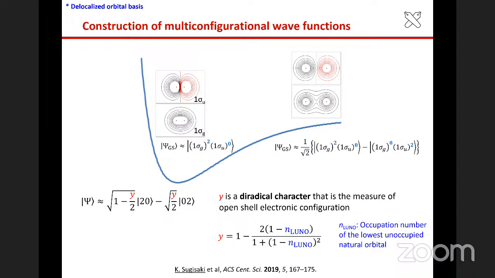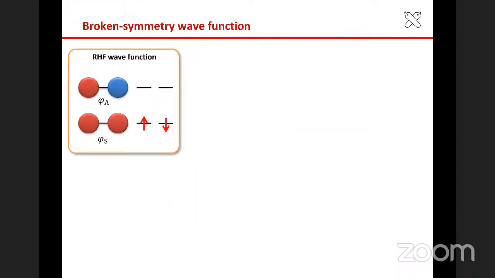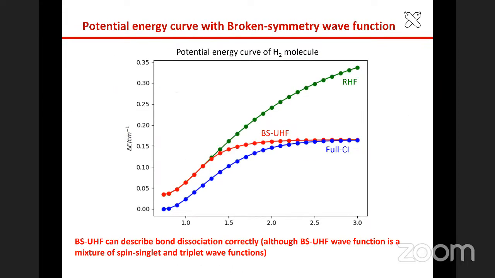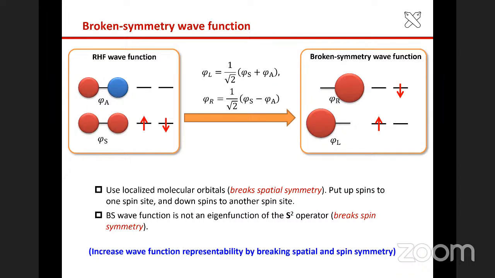So basically, if we use the single-determinant wave function, the approximation is good for the equilibrium region, but not so good for bond dissociation. If we use the broken symmetry wave function, the potential curve can be something like this one. Because in the broken symmetry calculation, we use this kind of open-shell determinant as the initial guess.